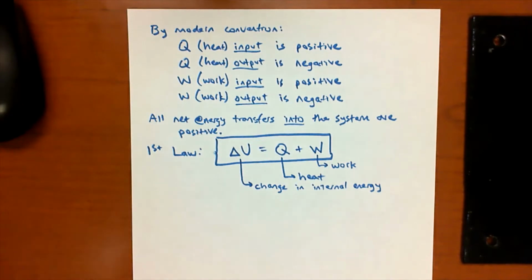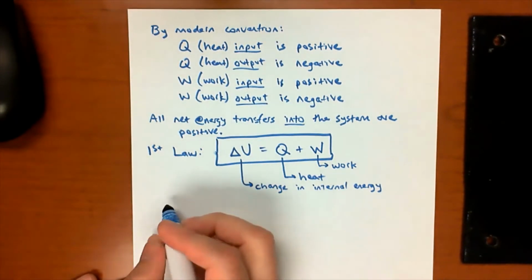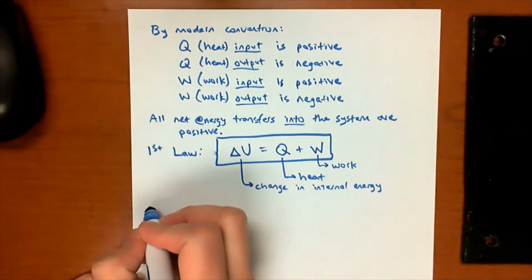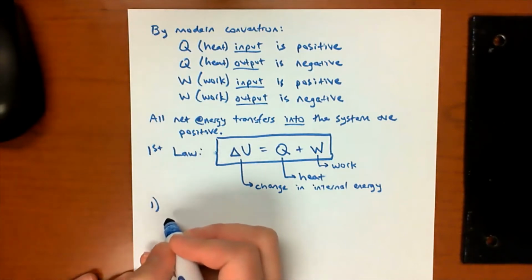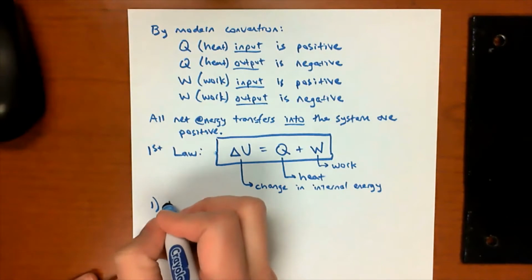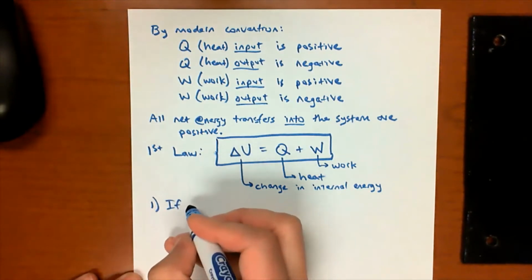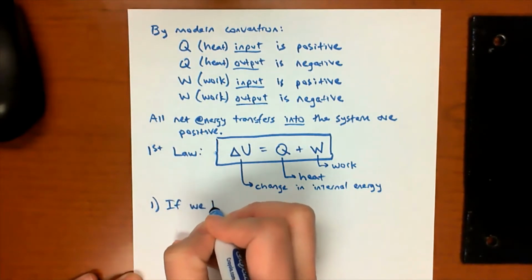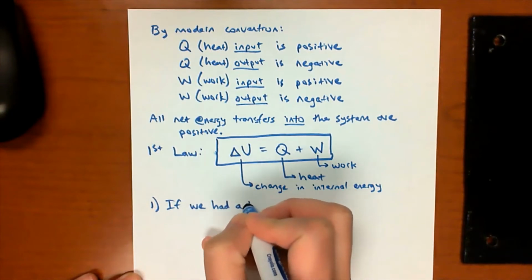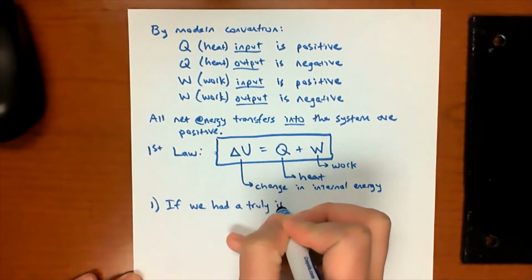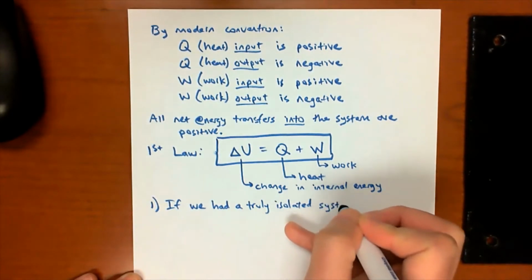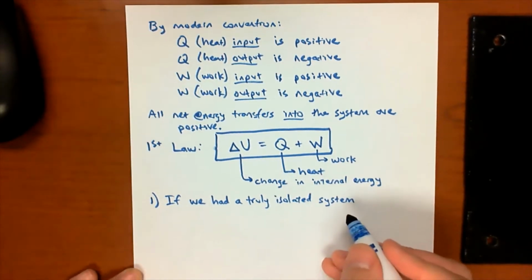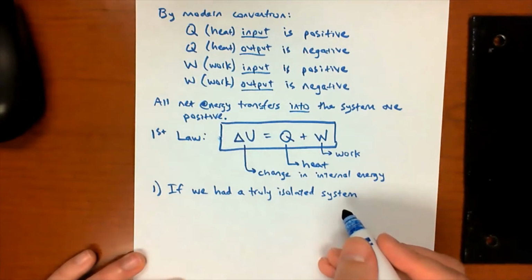All right, so what we can say, let's take this a little bit further. So some implications of this. Number one, if we had a truly isolated system, which is practically impossible in the real world to have a truly isolated system.